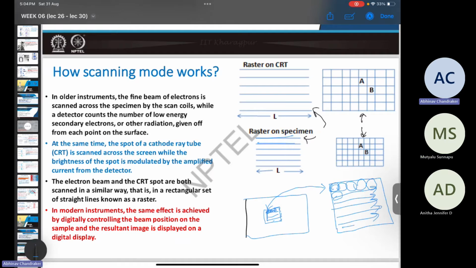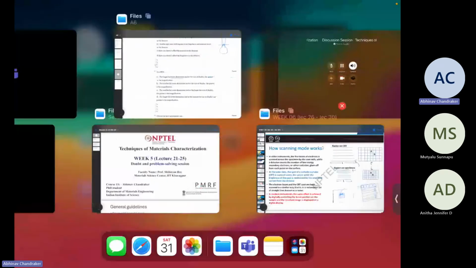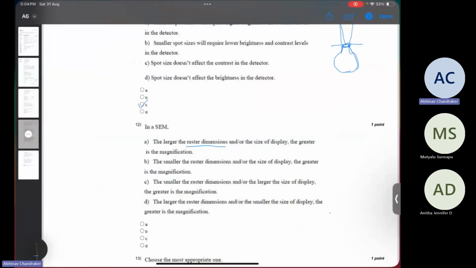So the rastering on the specimen scan area is directly causing the generation of image in a similar fashion, line by line. So that is how image formation is taking place.